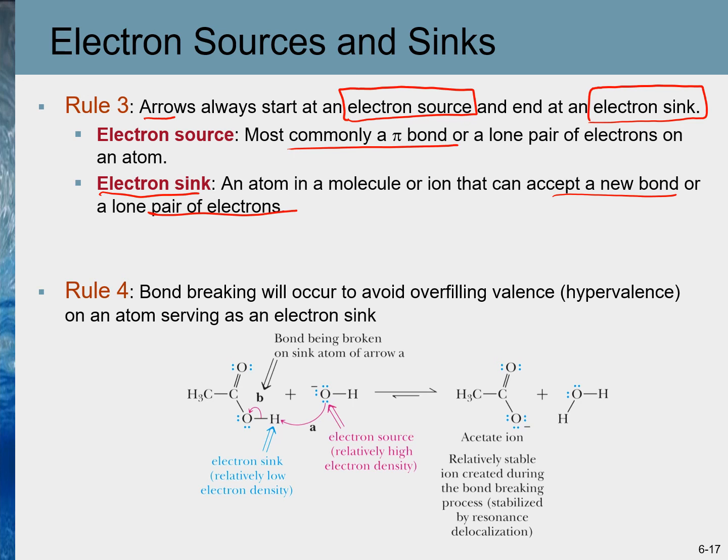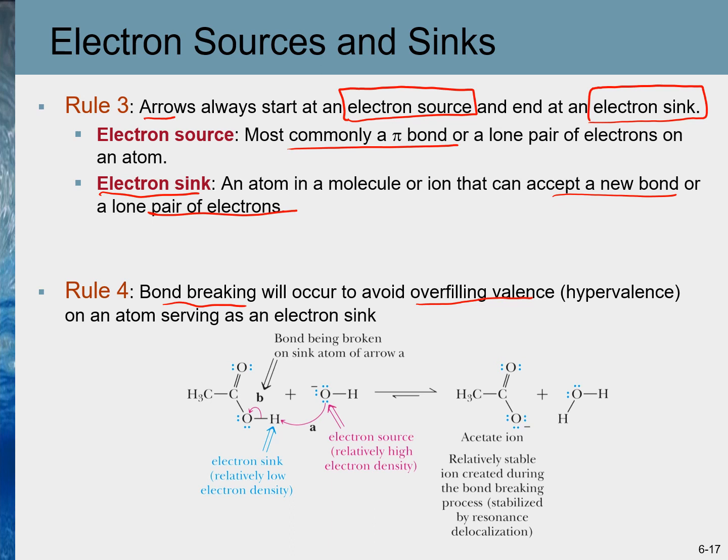Rule number 4 states that bond breaking will occur to avoid overfilling valence electrons on an atom serving as an electron sink. It means that atoms cannot have more than an octet, or a duet in the case of hydrogen, when electrons are moved.